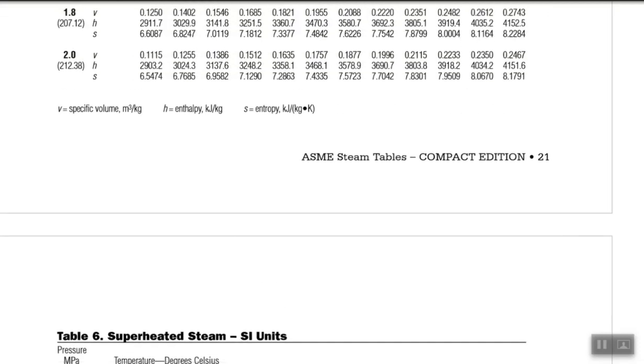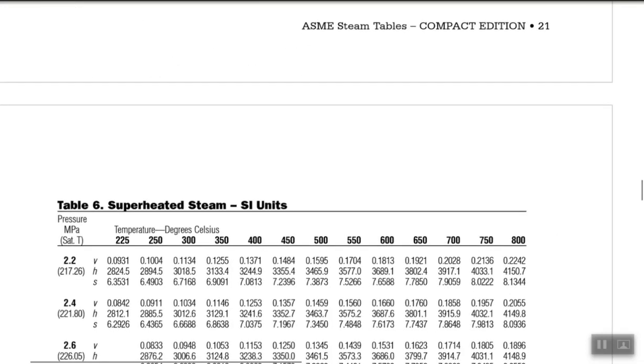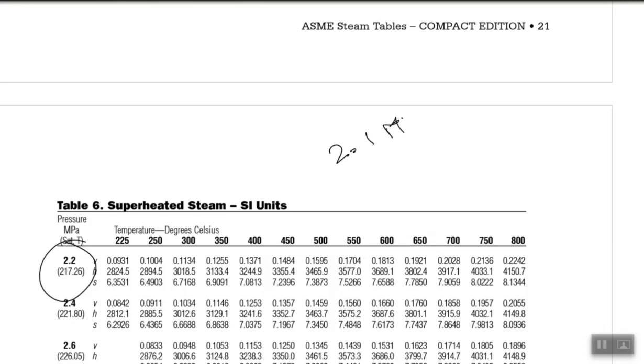We have got a table of 2.0 megapascal and a table of 2.2 megapascal, but we do not have a table of 2.1 megapascal.